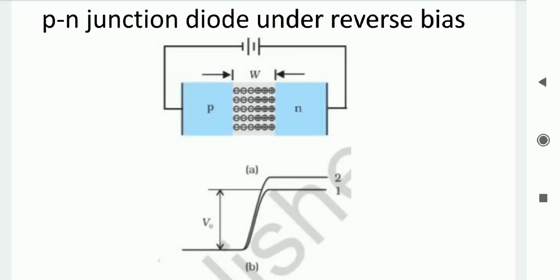This value is very low because of the motion of minority carriers. So this current, compared to the forward bias, has a low value because few injected carriers can cross the junction.